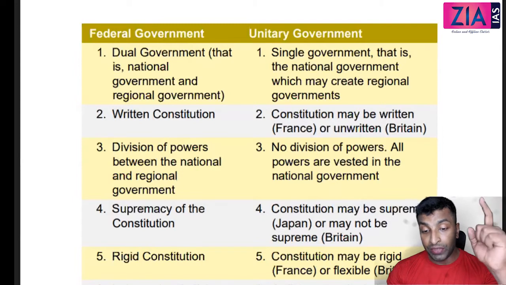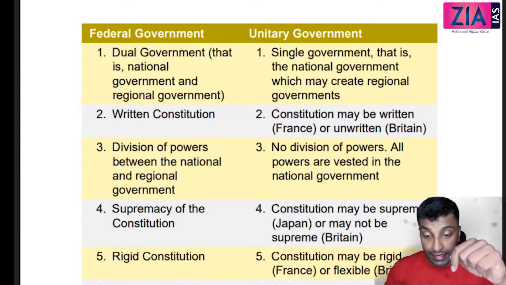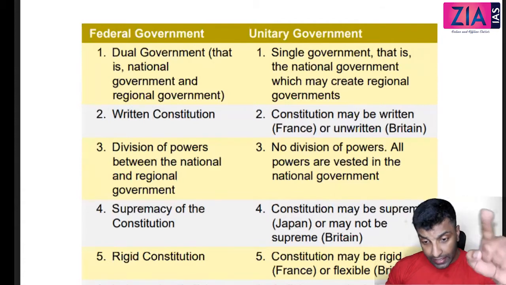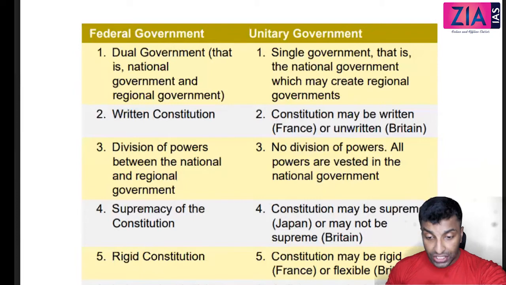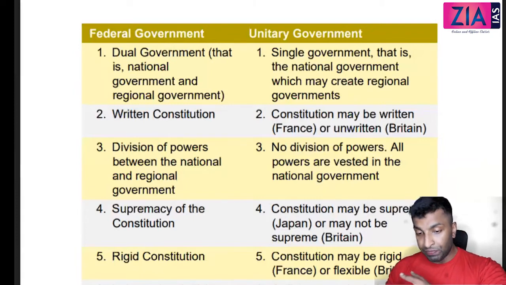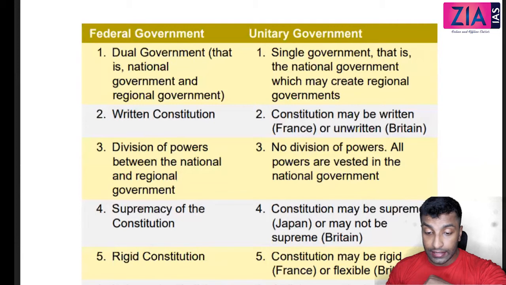But here, when I say federal system or federal government, this is again rule of two, but at a different level. One at the central level, the national government or the central government, and the other at the regional level, the provincial level or the state level. So when I talk about federal setup, there will be dual government, two governments, one at the central level, the other at the provincial or state level. So central government and state government.